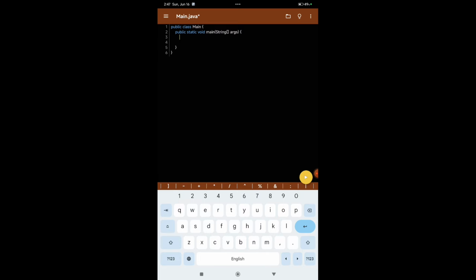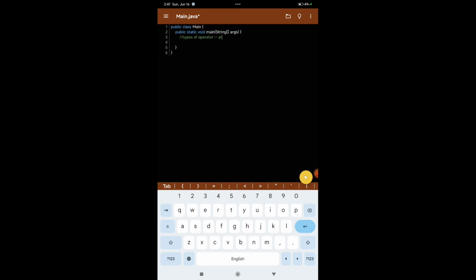I will make a comment first, and right here: types of operators.